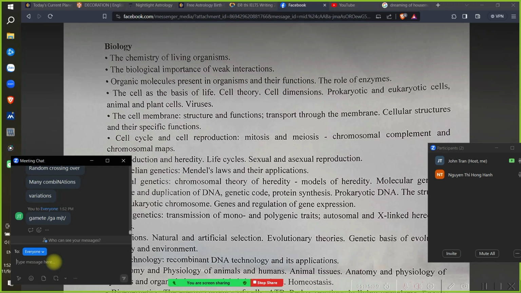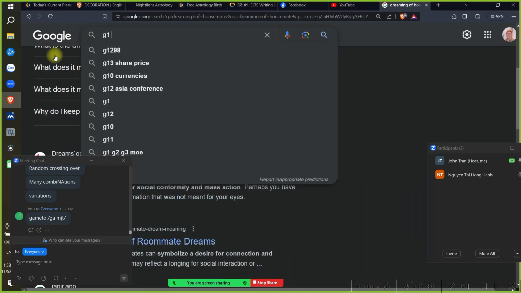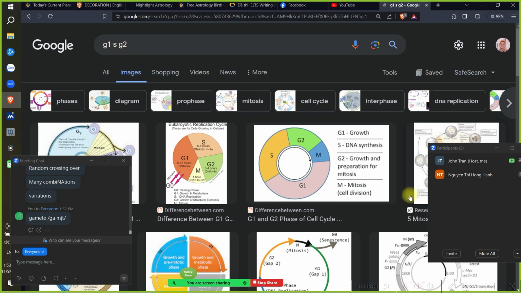When studying the cell cycle, there is a circle with G1, S, G2 and M for mitosis. That's interphase. Okay, look at this one. G1, S, G2. You mean this one? Yeah. Is that what you were talking about?